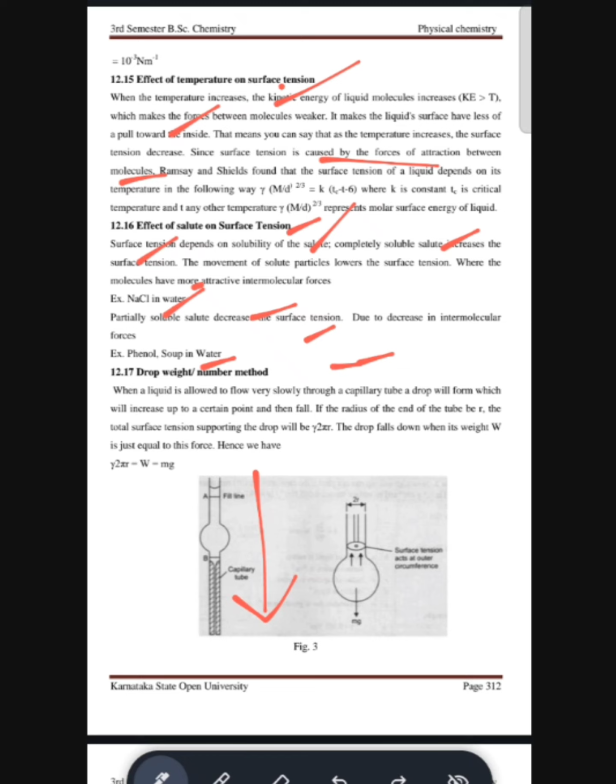If the radius of the end of the tube is r, the total surface tension supporting the drop will be sigma 2 pi r. The drop falls down when its weight W is just equal to the force. Hence, we have sigma 2 pi r equals W, that is mg. The apparatus employed is a glass pipette with a capillary at the lower part. This is called a drop pipette.